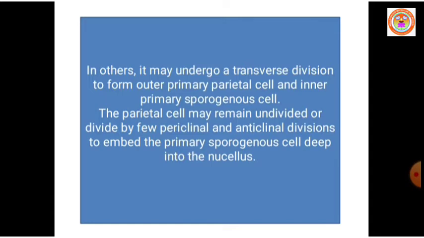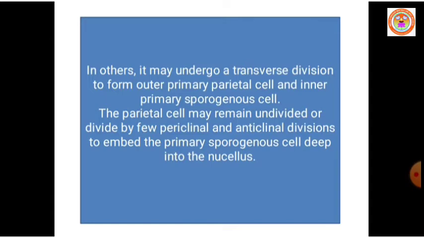The parietal cell may remain undivided, or sometimes it divides by a few periclinal and anticlinal divisions. The primary sporogenous cell is embedded deep in the nucellus.